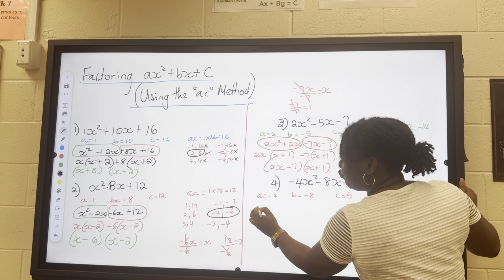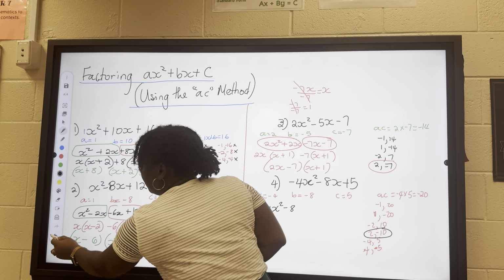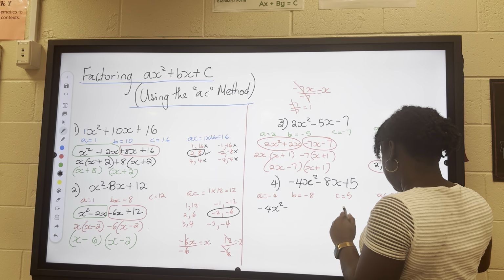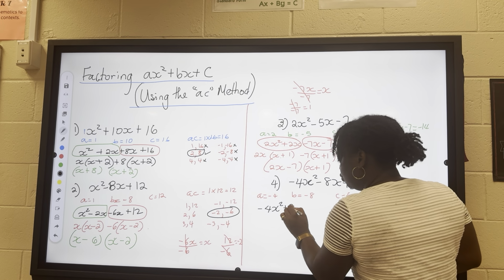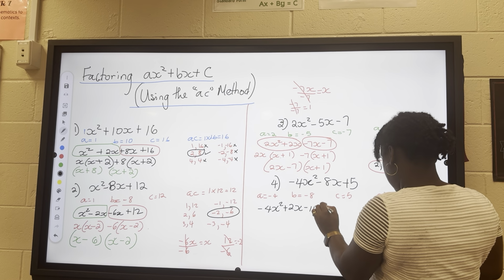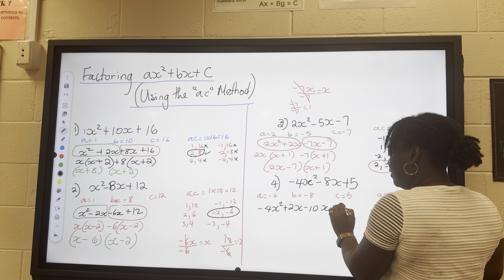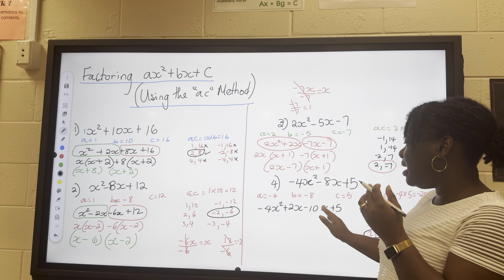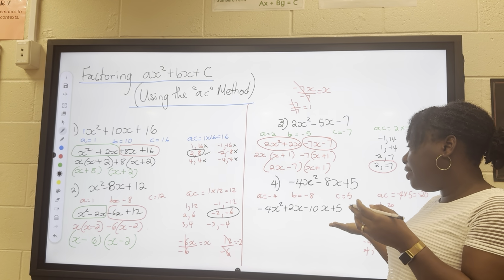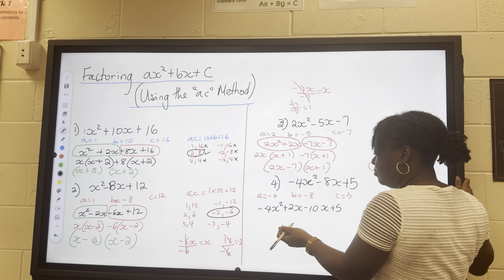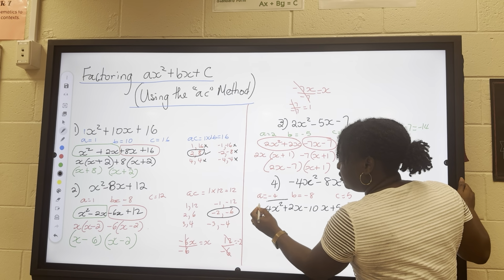So that's negative 4x squared plus 2x minus 10x plus 5. And remember, again, it doesn't matter if you put minus 10 at the front and 2x at the back. It doesn't matter. So let's factor these out.